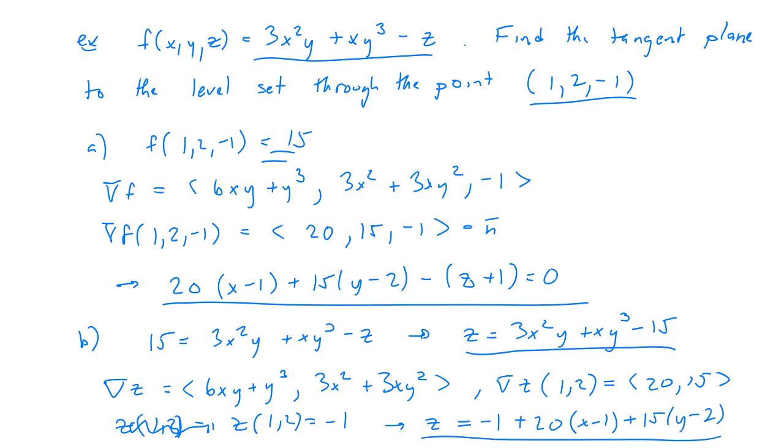So we had this method from 2.3 if we have z explicitly in terms of x and y. In this one, once we put in the point and say it's a level set, which means we're fixing it equal to a constant, we have now z implicitly in terms of x and y, and we use this slight variation to get the tangent plane in that case. But if you look at those two, pretty obviously those two equations are the same.